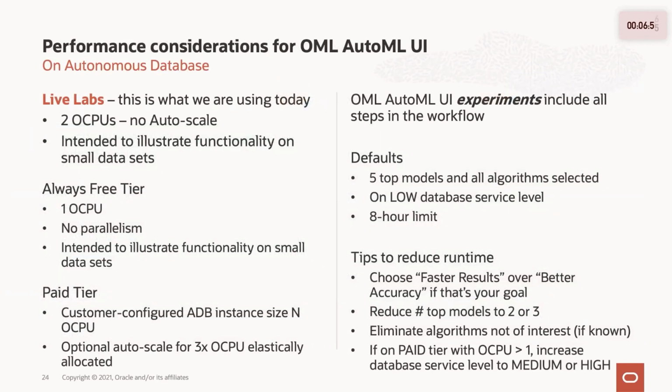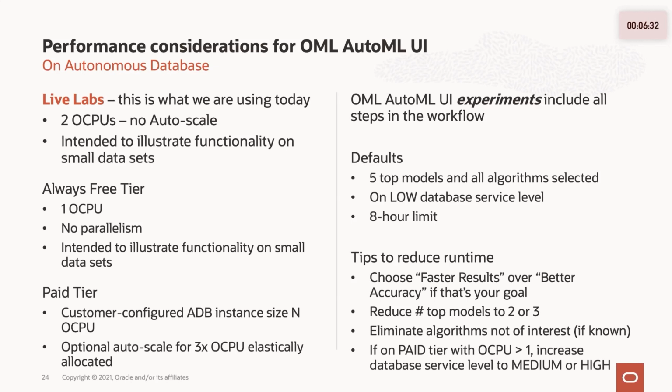So basically, the performance considerations: the session we're using today, the live labs, is 2 OCPUs and no auto scale. So it is not intended for you guys to run any large production jobs, right? The idea is to illustrate the functionality on small data sets. There is, again, as I mentioned before, the always free tier.